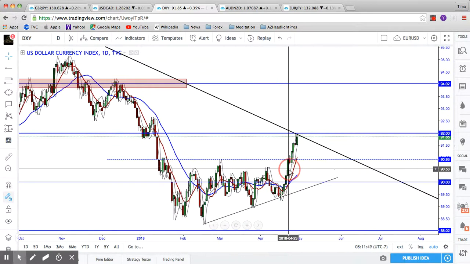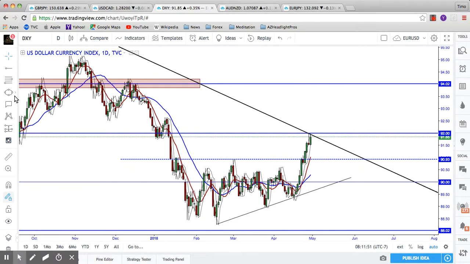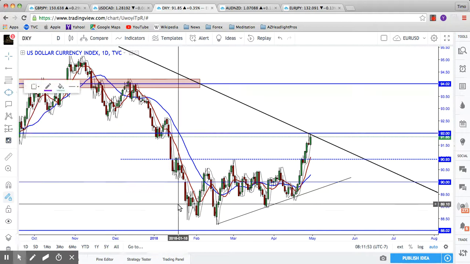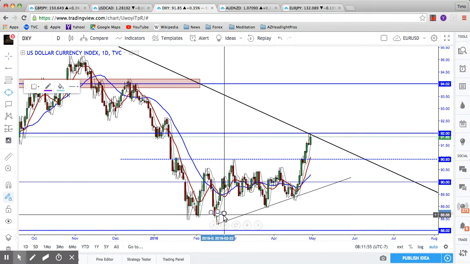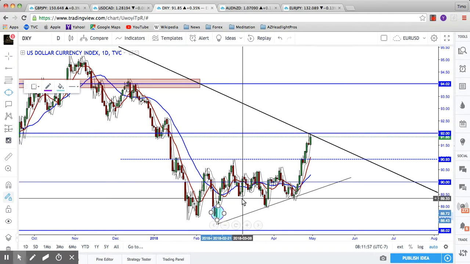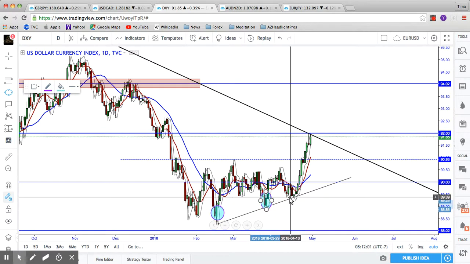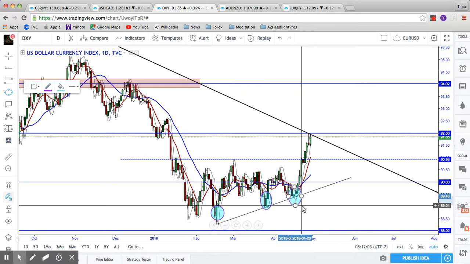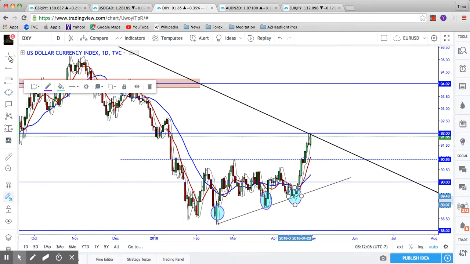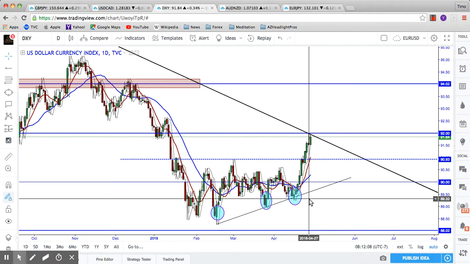But as you see here, we have our low, we have another higher low, and just another higher low where we're able to form some type of uptrend line.